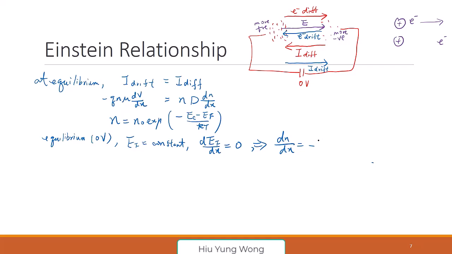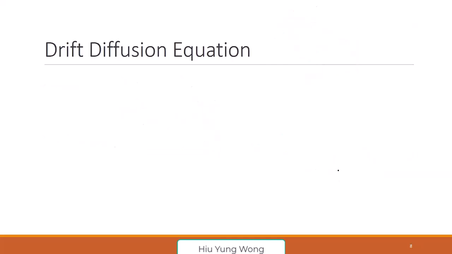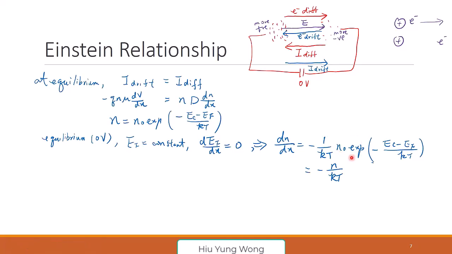So if you do the differentiation, you get EC divided by KT. You don't take the EC out, because this is exponential, and we just write the whole exponential term as usual. You differentiate an exponential function, then you get simply n divided by KT, because this whole thing is just n.